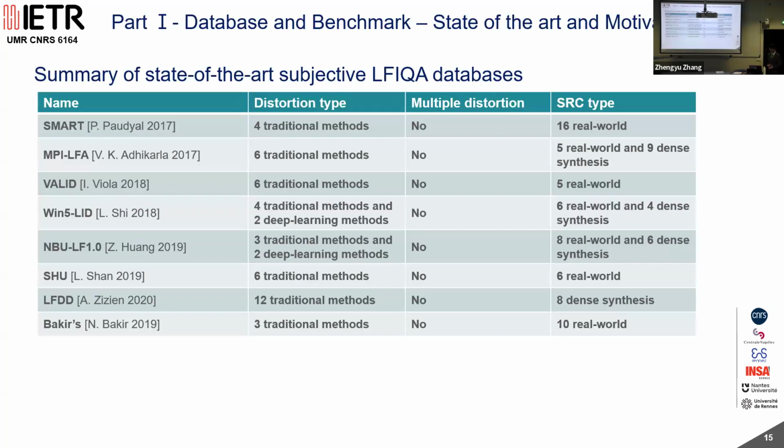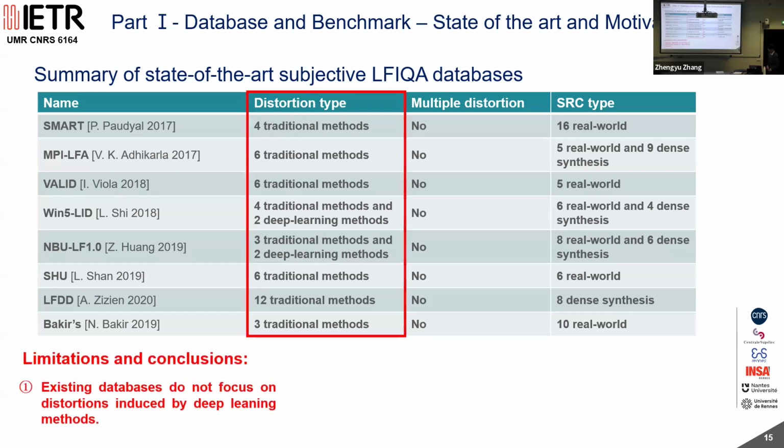Before building a new database, we first analyze the characteristics of the existing databases and briefly summarize their limitations. Here we can see that the existing databases focus more on the distortions introduced by traditional methods rather than those introduced by deep learning methods.